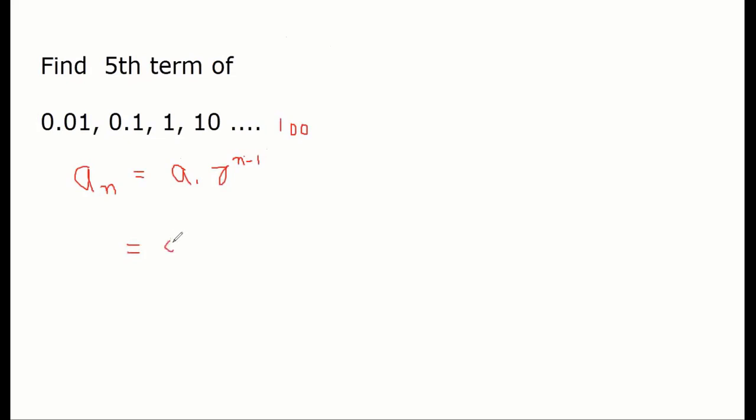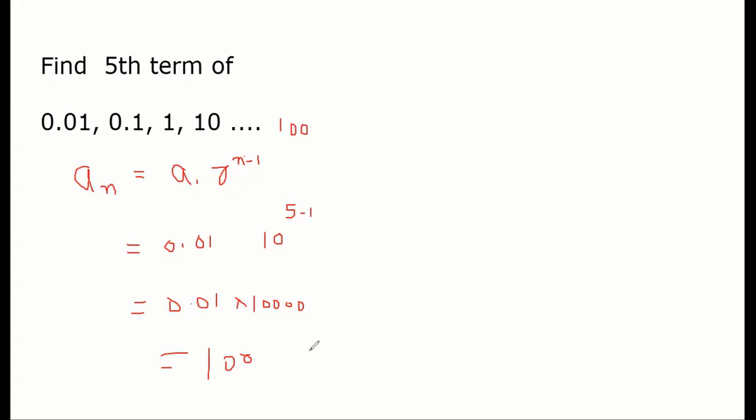What is A here? 0.01 times r, which is 10 by 1, that is 10. n is 5, so 5 minus 1, 4. So 0.01 into 10 to the power 4. Obviously, you get 100. So simple, right, everybody? That's it, 100. Very simple.